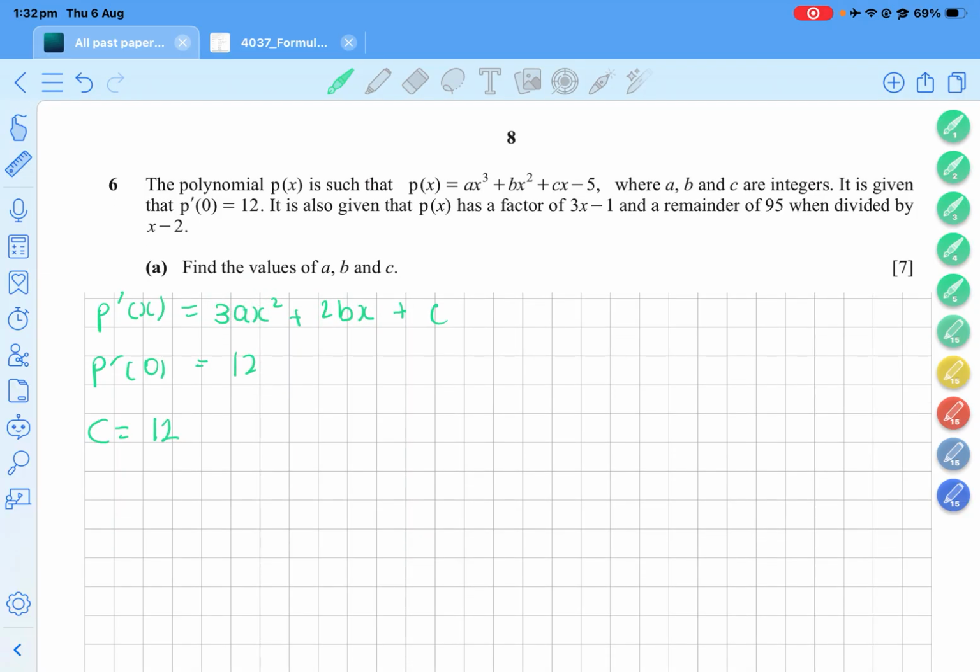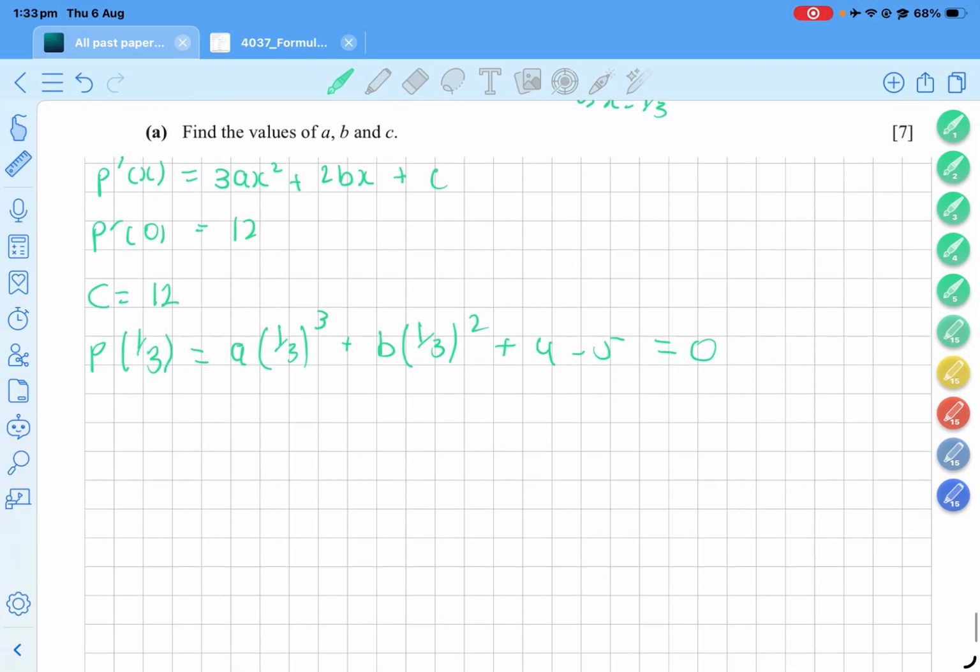Then 3x minus 1 is a factor. So this will be 1 over 1/3. So p of 1/3 is a into 1/3 cubed plus b into 1/3 squared plus c is 12, so this would be 4, and then minus 5, so 4 minus 5, that is 0.